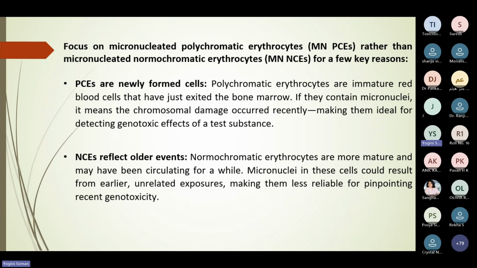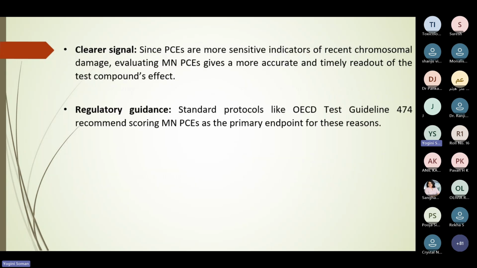In contrast, NCEs reflect older events because NCEs are more mature than the PCEs, and they may have been circulating for a while, and micronuclei in the NCEs may result from earlier or unrelated exposures, so it makes them less reliable for pinpointing recent genotoxicity. For those reasons, MNPCEs are preferred over the MNNCEs.